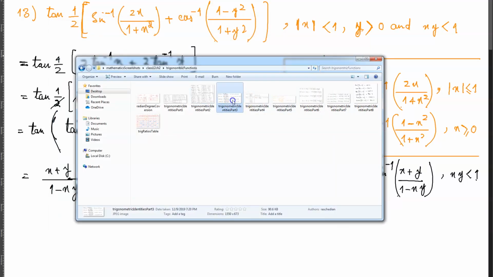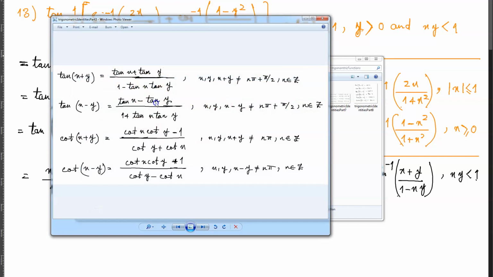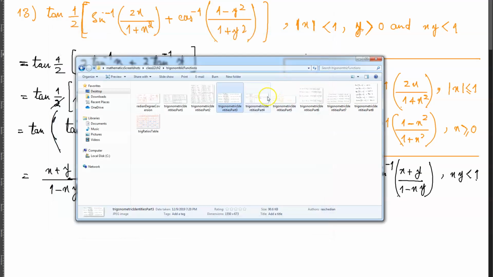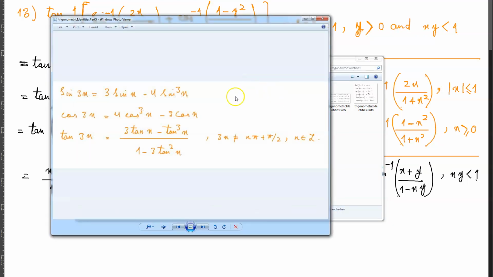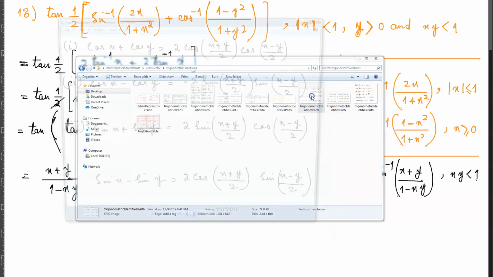There is no problem with that. These trigonometric identities are also pretty simple. There are these identities for cos of 2x, sine of 2x, and tan of 2x. That is also very simple. Sine, cos, and tan of 3x, that's also simple.